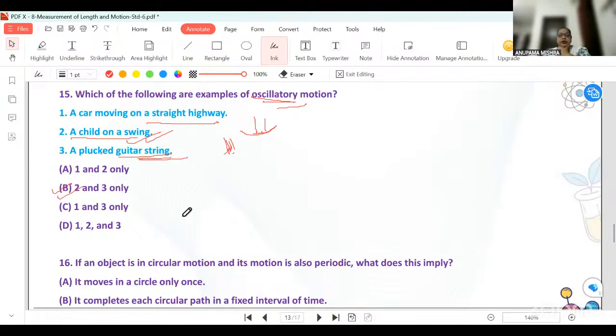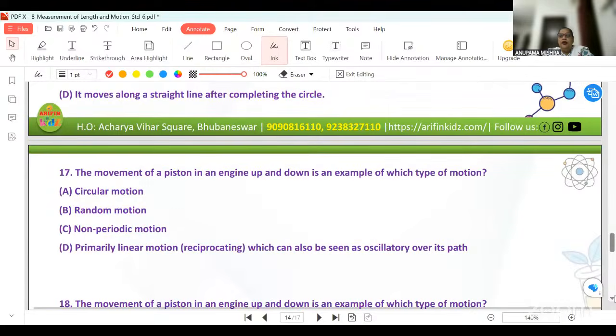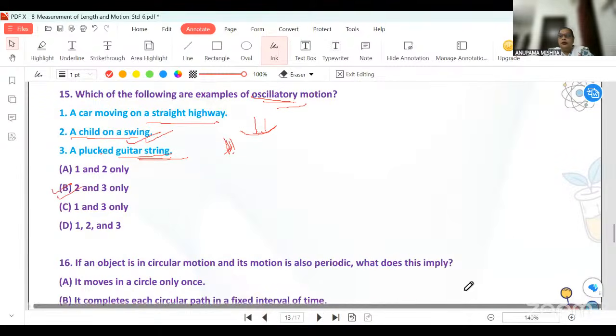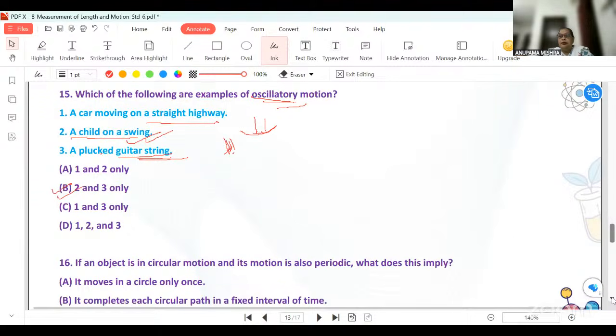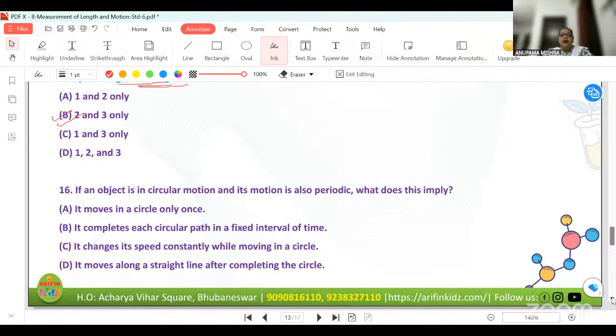Next one. If an object is in circular motion and its motion is also periodic, what does this imply to you? Already we have discussed this one. It moves in a circle only once.